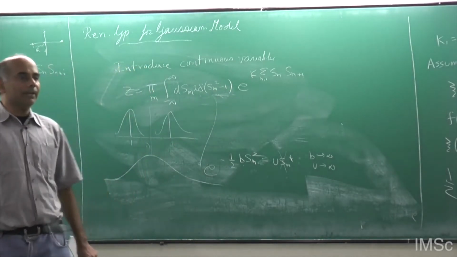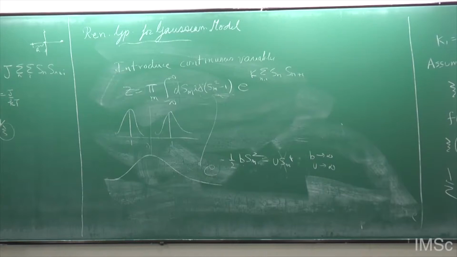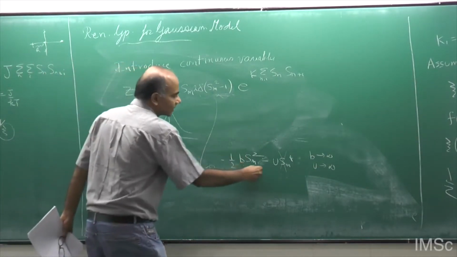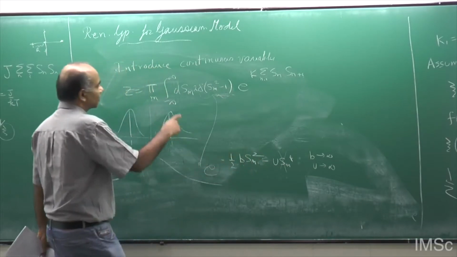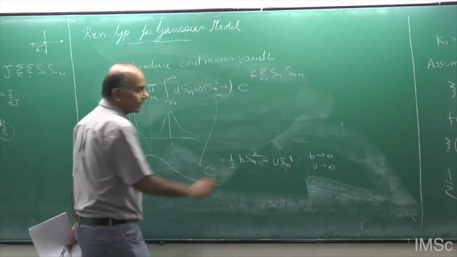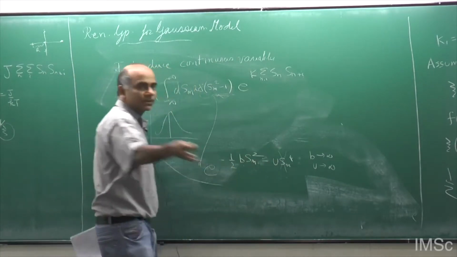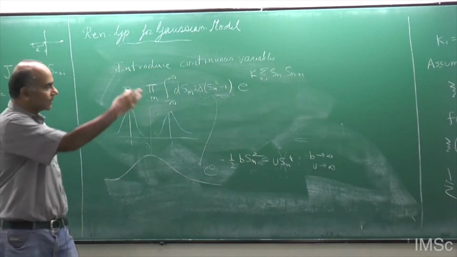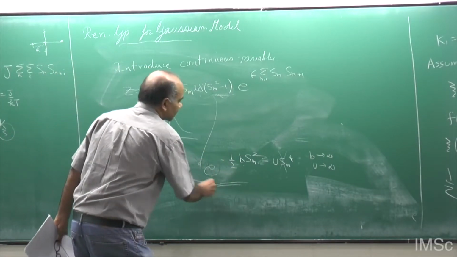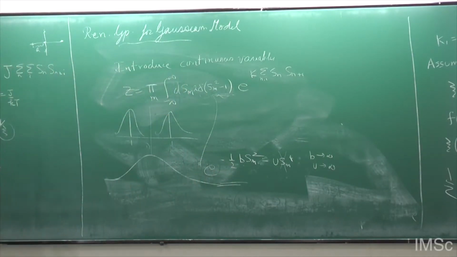You can replace this by this with b infinity, u infinity, and tune to get 1. Then we'll let b and u be finite, and then we'll let u be 0. So by this sequence of steps, you distort the model and make it this. This is called the Gaussian model, which makes it very easy analytically.